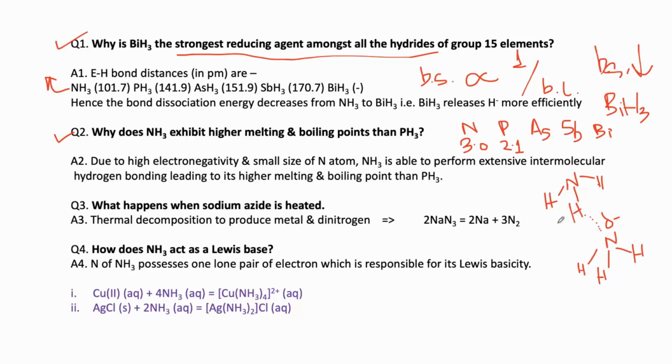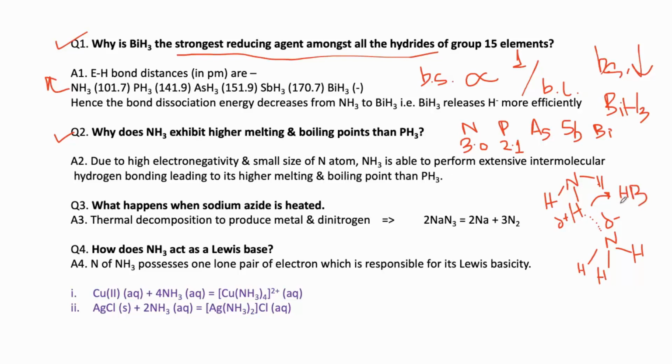That's why a delta positive charge accumulates on the hydrogen. Now, since we have delta minus and delta plus between two separate NH3 molecules, an electrostatic interaction occurs between this delta positive charge and this delta negative charge. This is termed hydrogen bonding.